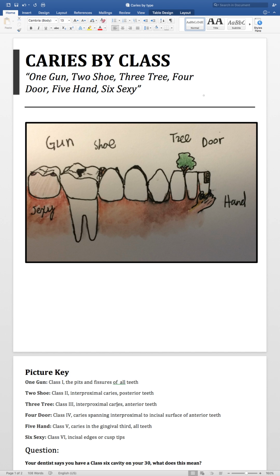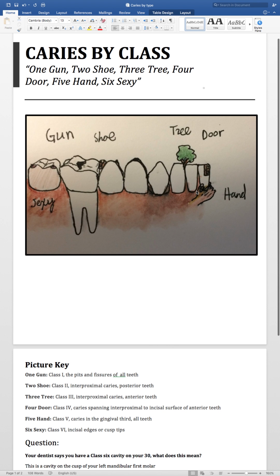And then we have 4 door, so the door is spanning between the incisal surface and the interproximal surface of the anterior tooth. And 5 hand, we can see this hand is wrapping around the tooth, grabbing it, maybe pulling it out, whatever you have to picture.